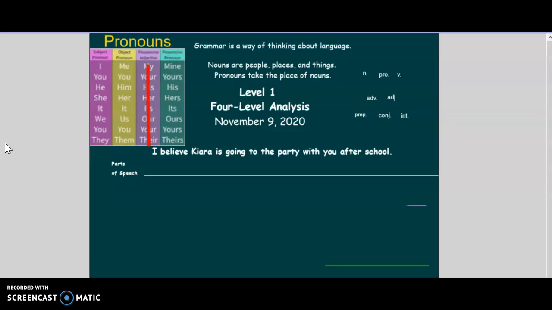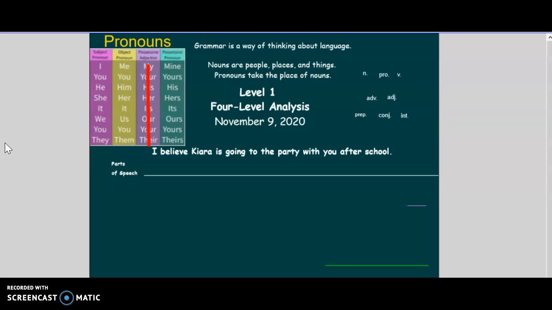Is to a noun, a pronoun, or something else? Is the a noun, a pronoun, or something else? Is party a noun, a pronoun, or something else?